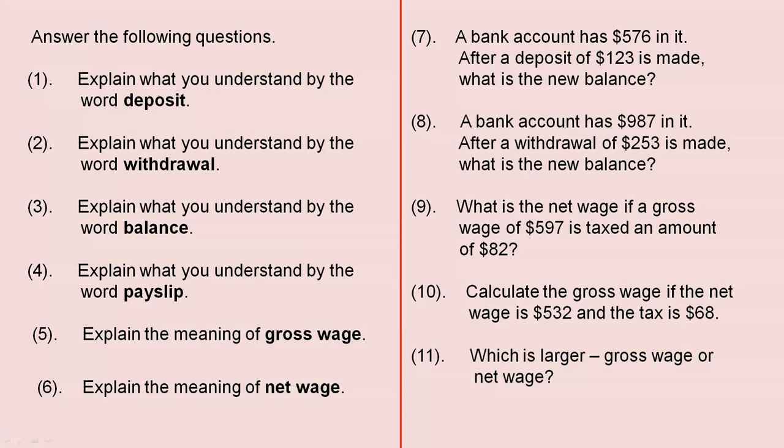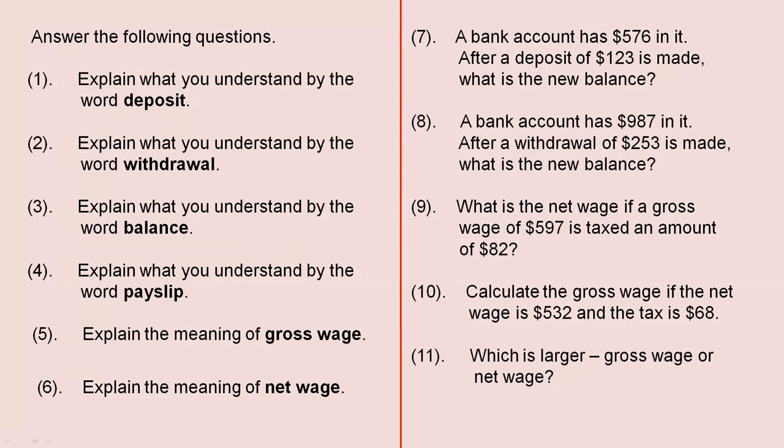Number 9. What is the net wage if a gross wage of $597 is taxed an amount of $82? Number 10. Calculate the gross wage if the net wage is $532 and the tax is $68.